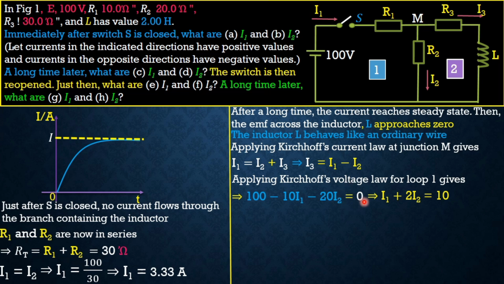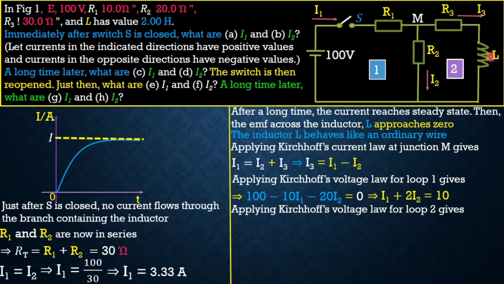Now, if we apply Kirchhoff's voltage law again, this time on loop 2, in the same manner, if we start from the junction M and come this way with the flow of the current I3, we are going to have a potential drop, so we are going to have negative here.